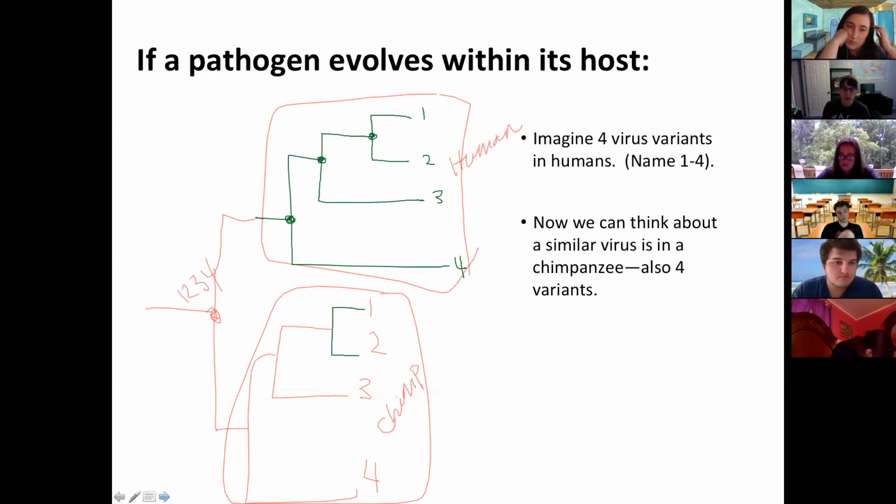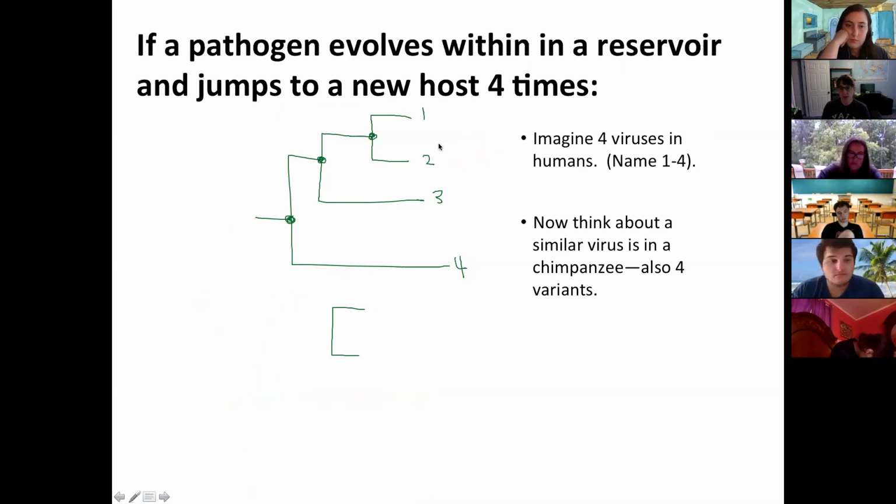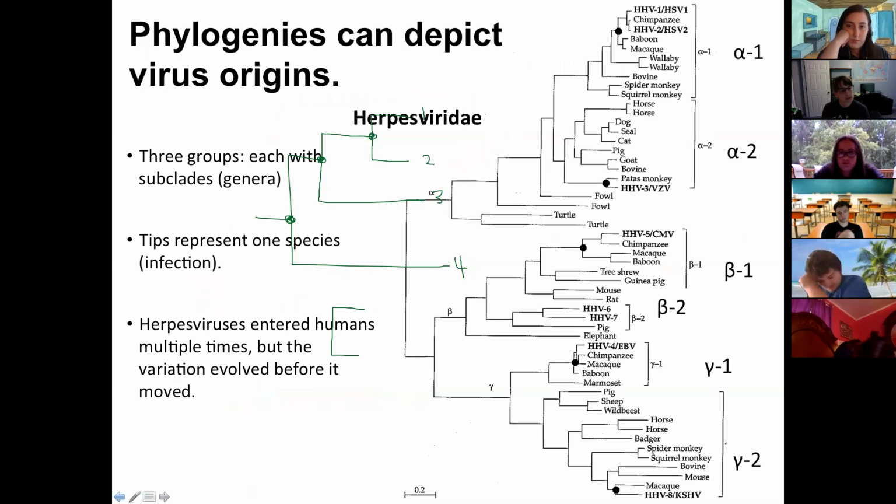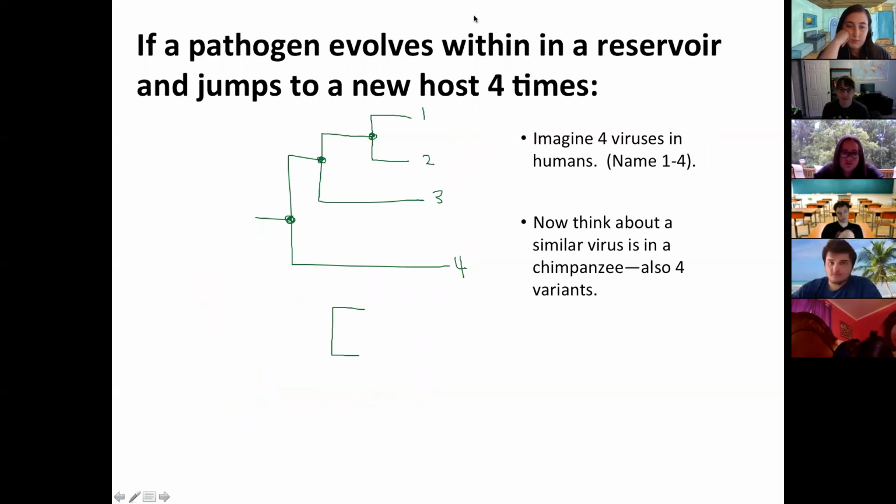So now we're going to go to the slide where we talk about the reservoirs. I really want this to work right. So this was our original phylogeny at the top, showing just the relationships among human viruses.